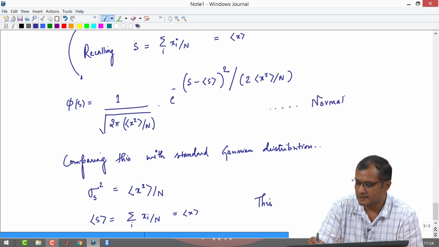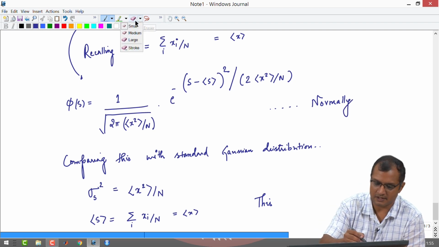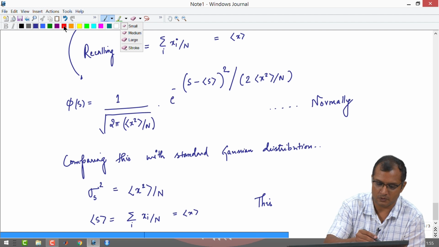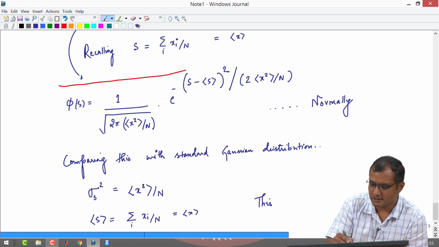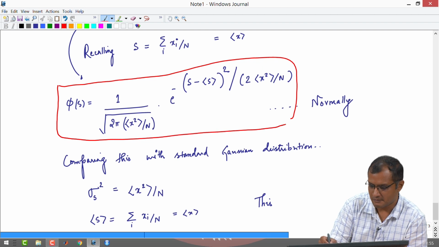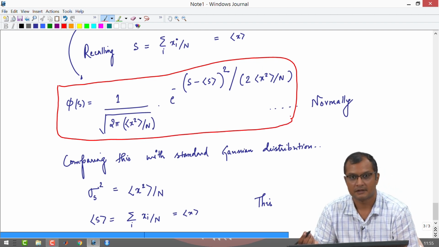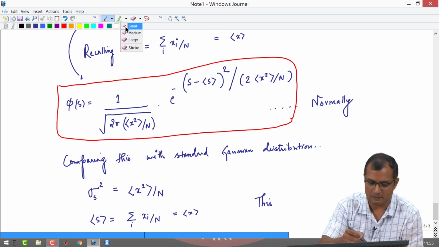So, the take home message here is, when I look at this expression, okay, that I am going to sort of box it, is that my distribution of S is also normally distributed.